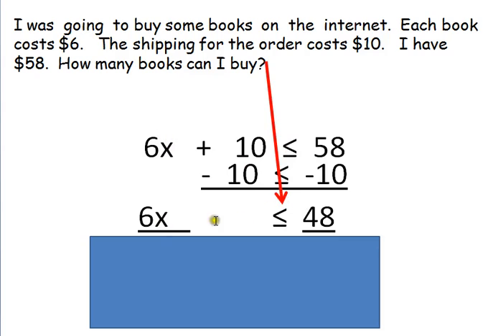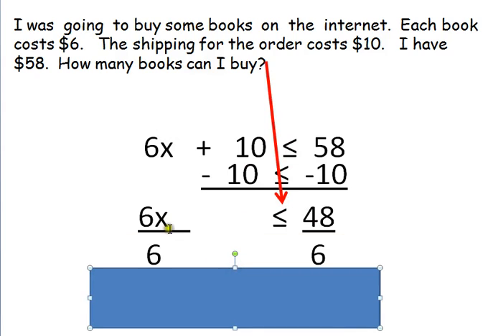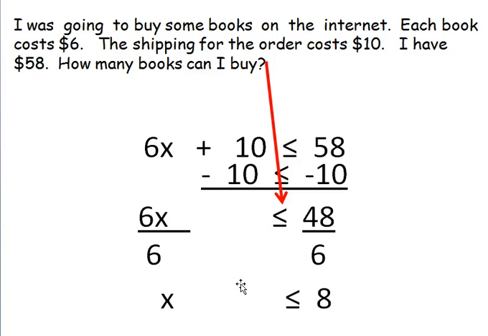So I have 6x is less than or equal to 48. Well, now, like I did in the problem before, I need to divide by 6 to get that x by itself. And when I do that, x is less than or equal to 8.